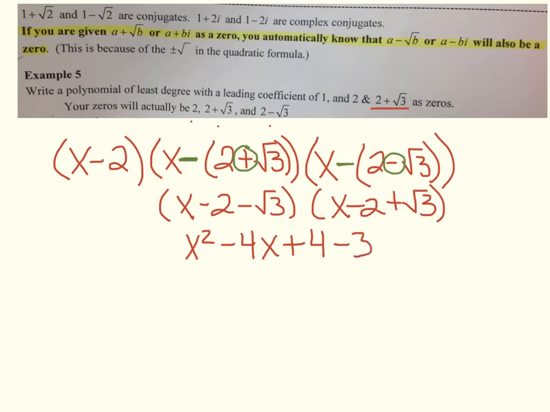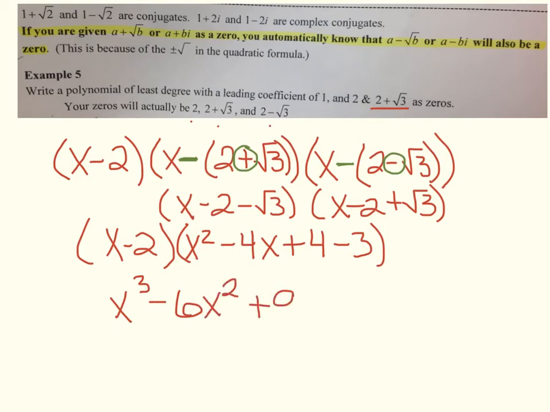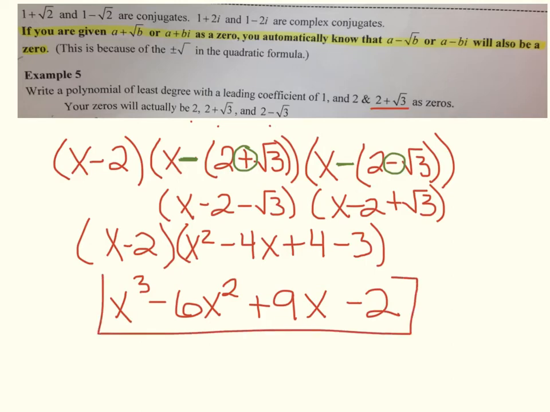You can do all that math yourself. You know how to FOIL. Then we get to multiply that by x minus 2. So when we multiply that by x minus 2, we end up getting x cubed minus 6x squared plus 9x minus 2.